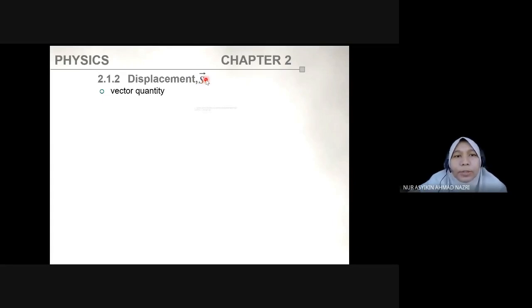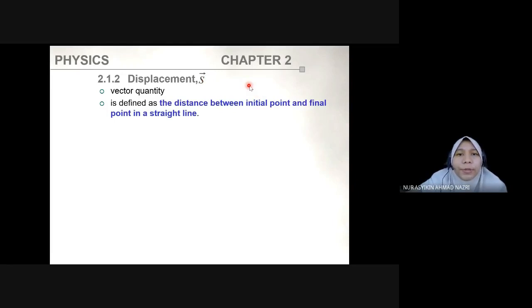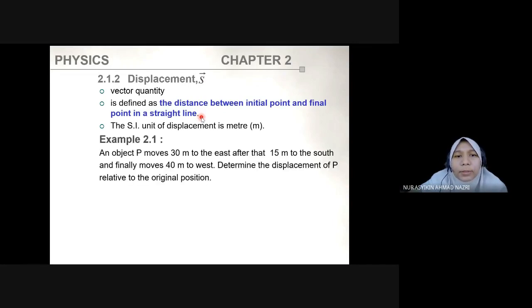Pakai reference book kita kan survey. Okay, so it's defined as the distance between initial point and final point in a straight line. So the straight line, ataupun boleh panggil the shortest path.